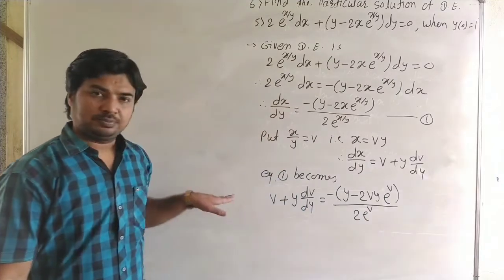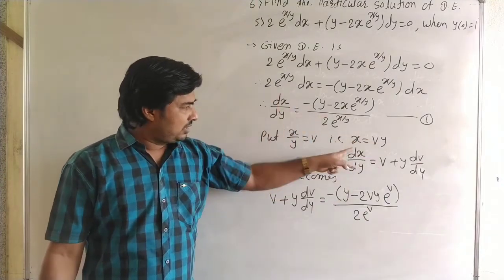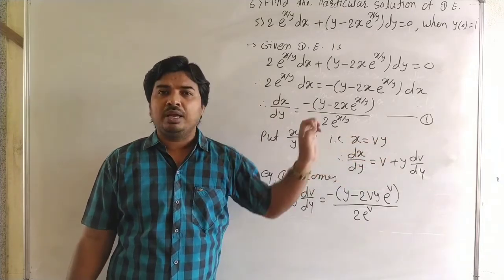See carefully this. We put x is equal to v y and dx by dy is equal to v plus y dv by dy.